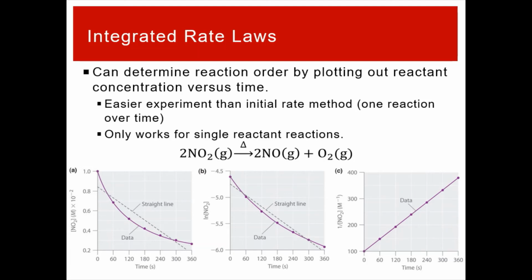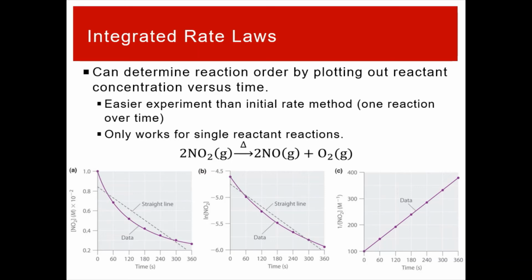So one of the things about these integrated rate laws is the integrated rate law form of the equation depends on the order. So we've figured out what the order is and then use that to figure out what equation to use. But we can also have an experimental method where if I have a reaction with only one reactant, what I can do is measure the concentration of that over time.